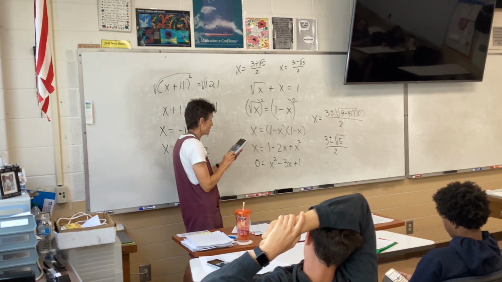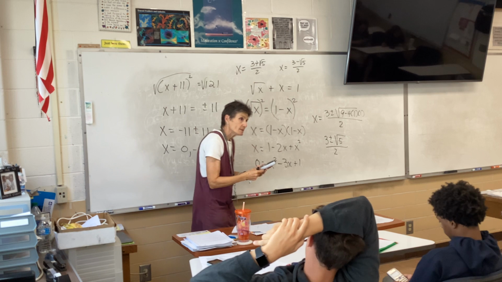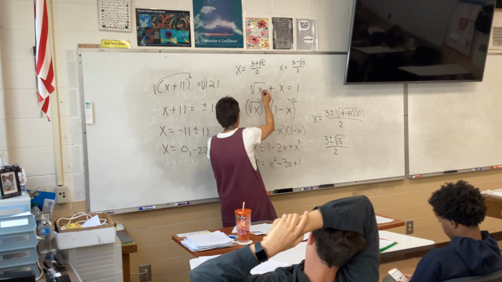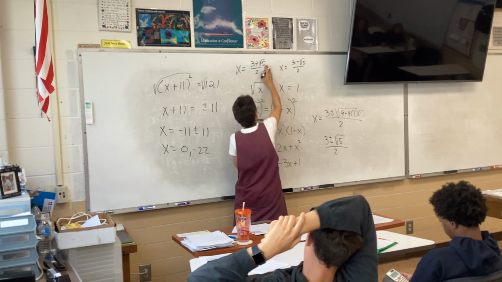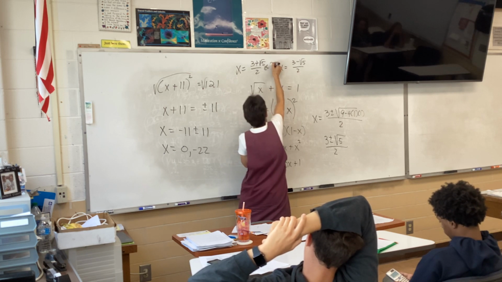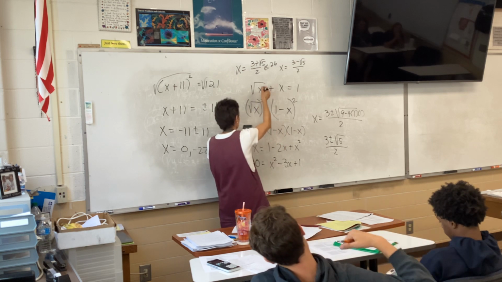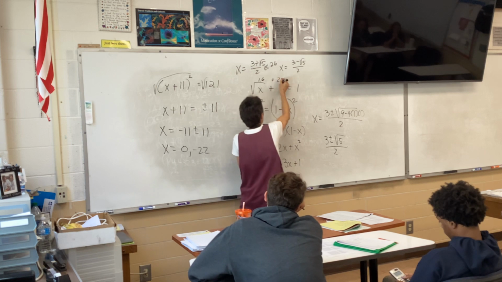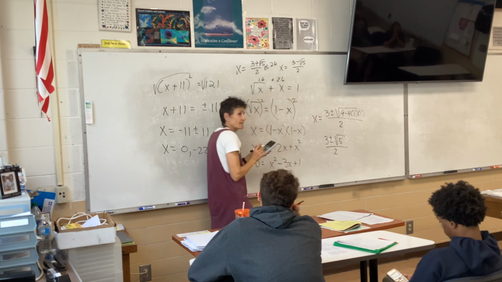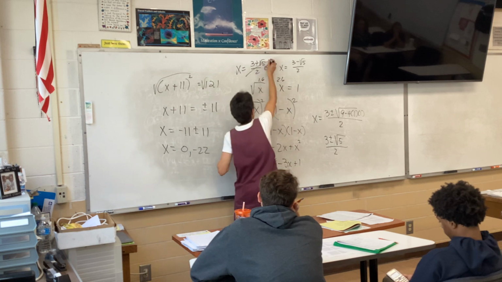And then I don't even need to, because the number I got, this right here, is about 2.6. So when I square rooted it, I got 1.6. If I add 1.6 and 2.6, am I going to get 1? So guess what? That's extraneous.